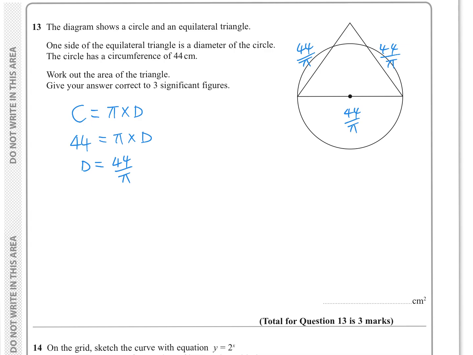Now, work out the area of the triangle. Give your answer correct to 3 significant figures. Well, I think the way I would do that is, I'm going to find the perpendicular height, and then I'm just going to do base times the perpendicular height, and then halve my answer, and then give it to 3 significant figures.